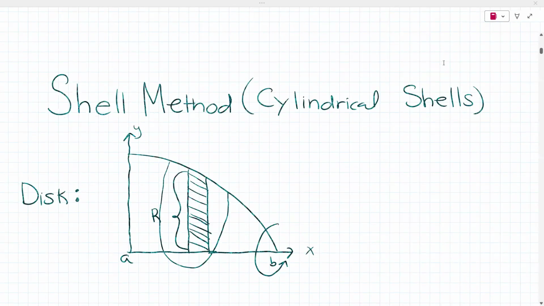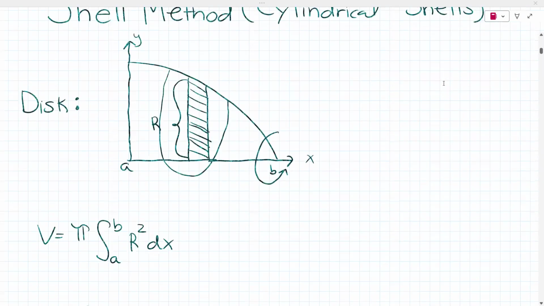Let's briefly talk about the shell method, or cylindrical shells. Let's pretend you have a graph that looks like an upside down square root. With the disk method, you're making small disks.